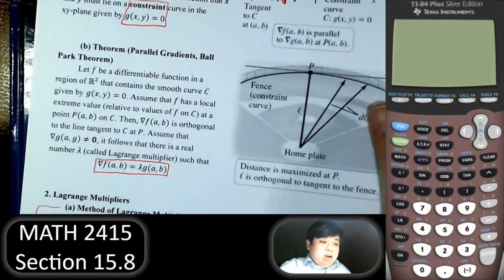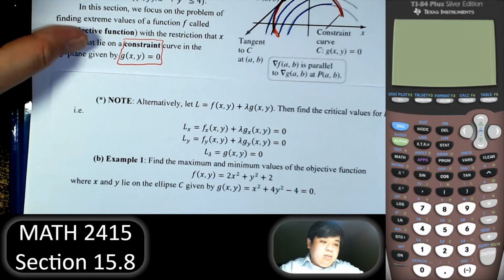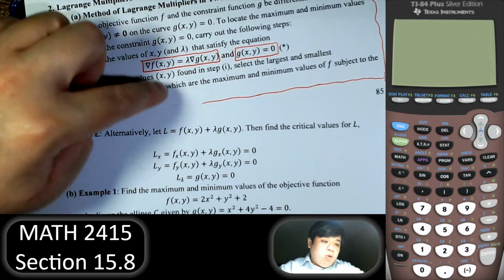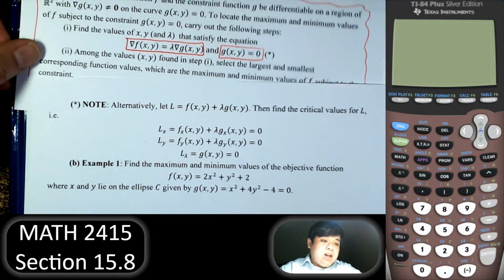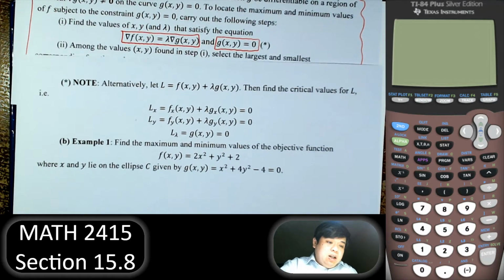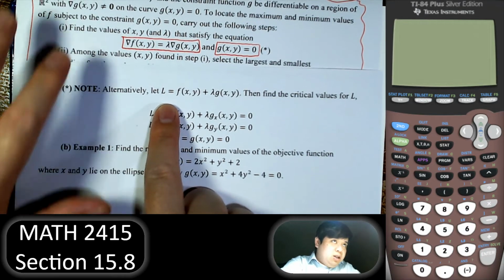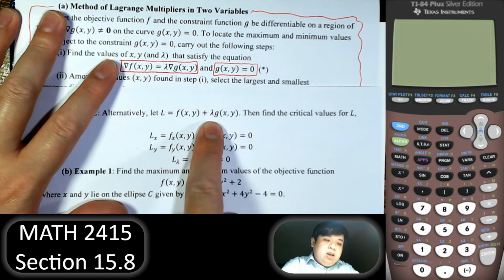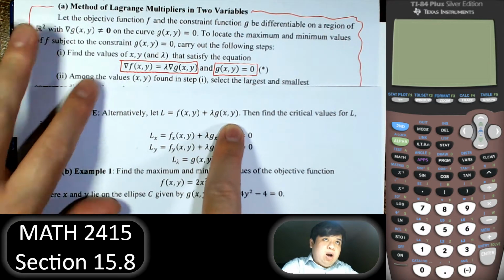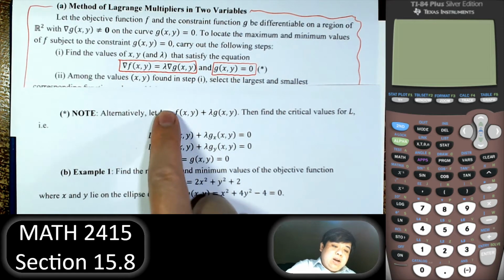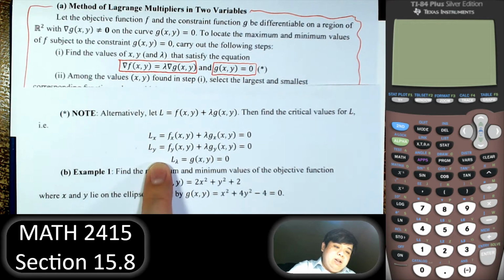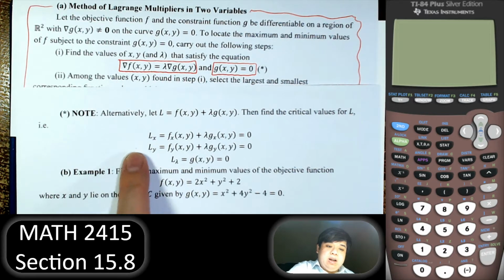Now, if you look at different books, usually engineering books, they're not going to write it like this. Instead they define the function L to be the function f plus lambda times g of x, y, and then they just take partial derivatives with respect to x, with respect to y, with respect to lambda, and we have this.